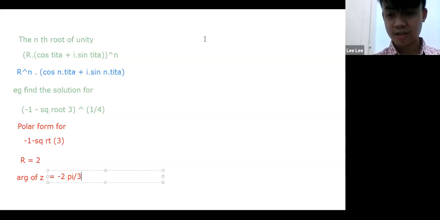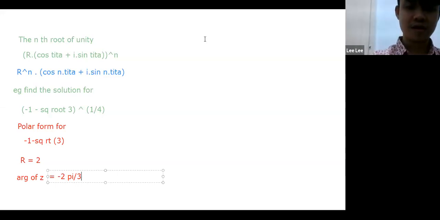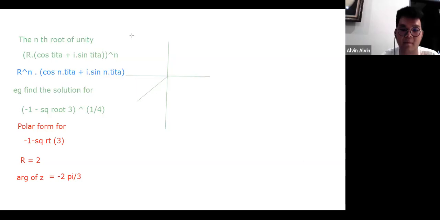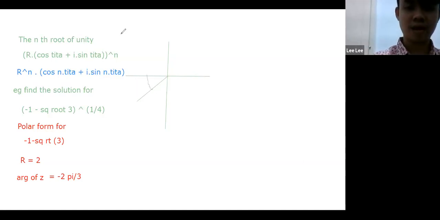Because if you draw, you get this angle, but the answer that you have to take is from here.